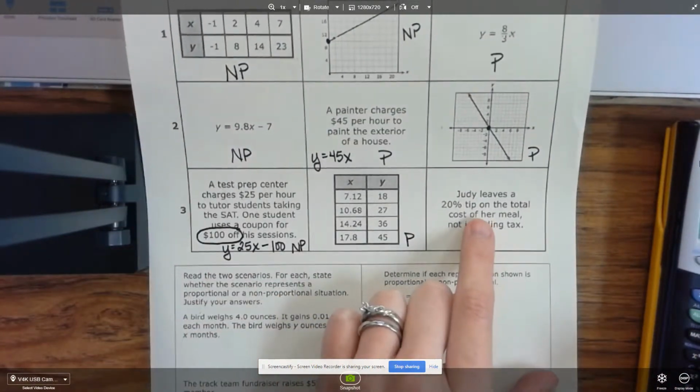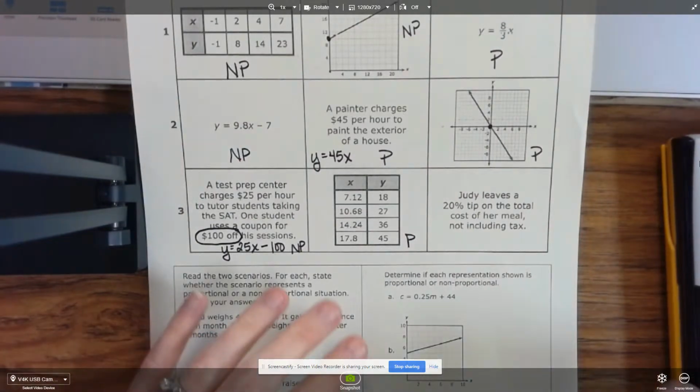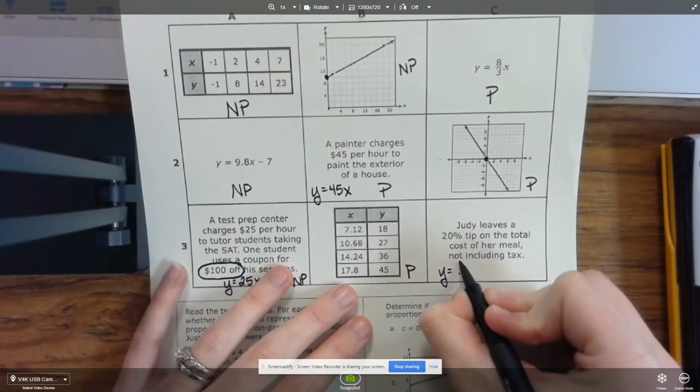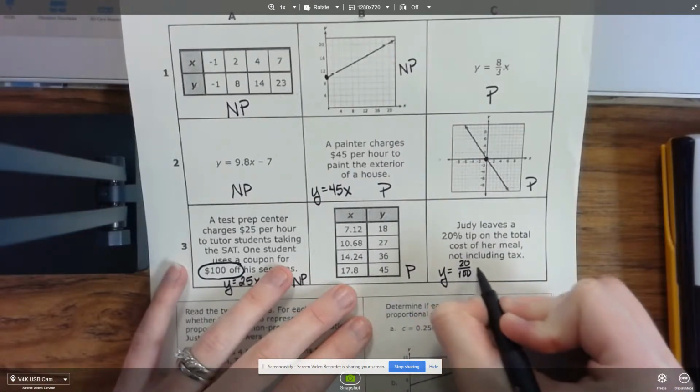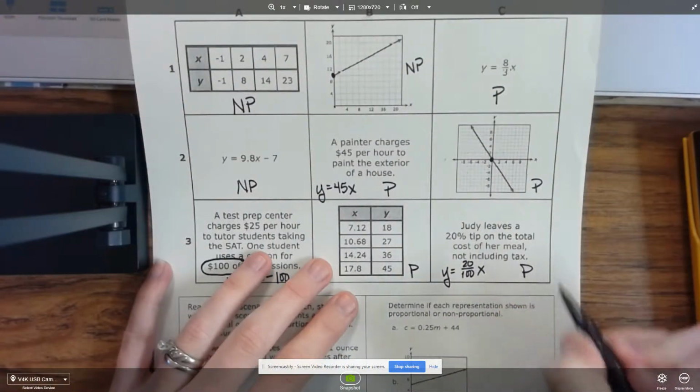And then Judy leaves a 20% tip on the total cost of her meal, not including tax. So if you want to know what just the tip is, you could multiply 20% or 20 over 100 by the cost of the meal. So this one would be proportional.